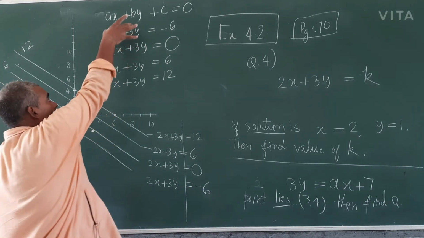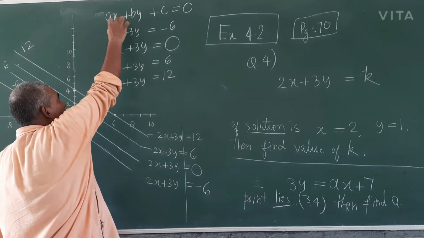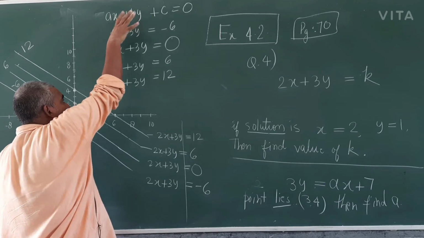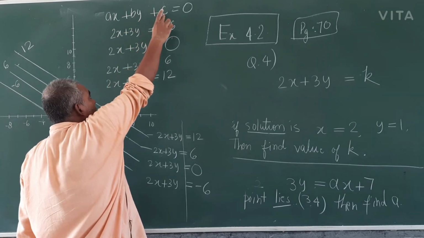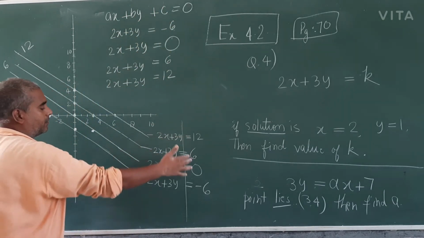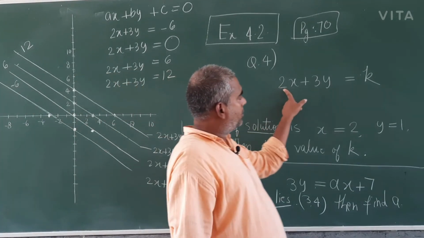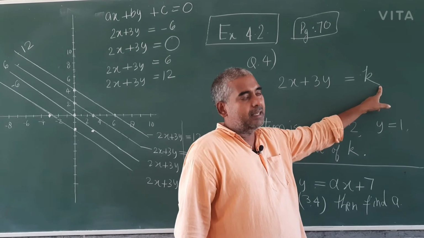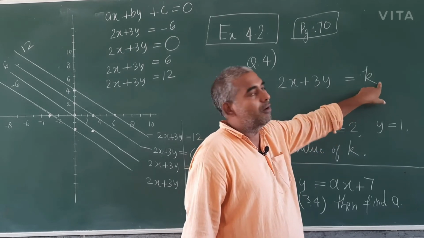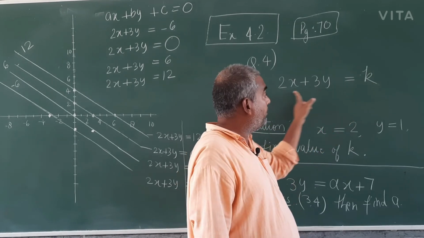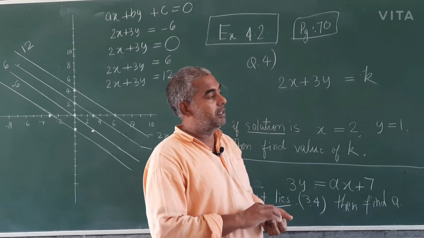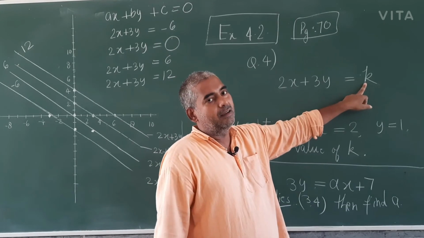Only if you keep a and b the same and change the value of c, you get parallel lines like this. So the question is, what is the value of k? These all are parallel lines for different values of k.